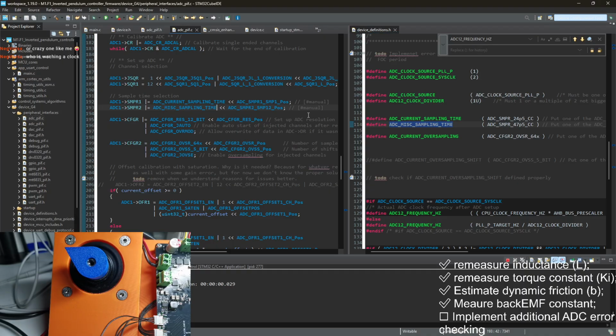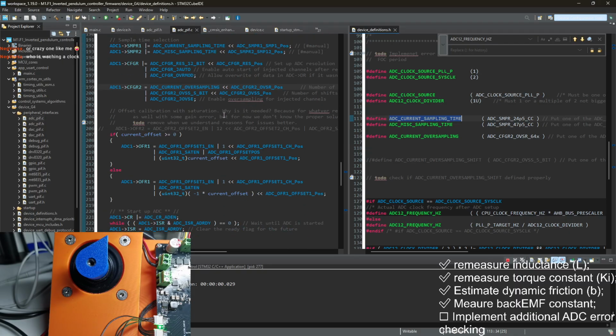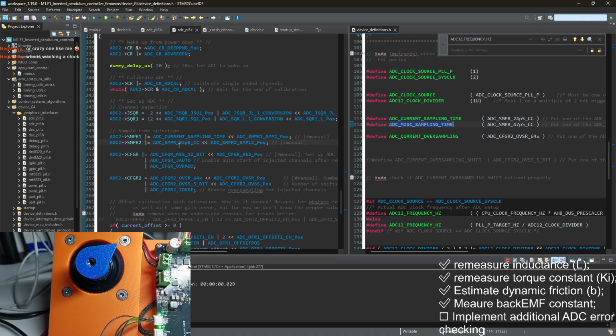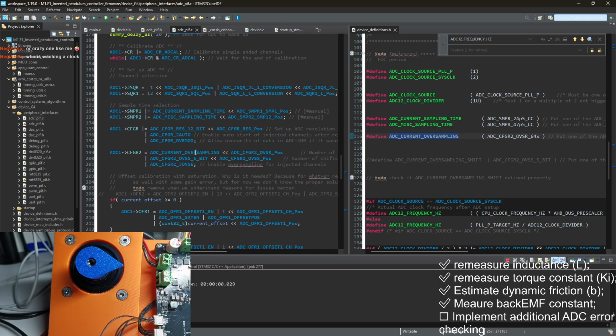A MISC setup here. And current or something here. Okay. Oopsie daisy. MISC or something. And okay, I think I changed the wrong thing.